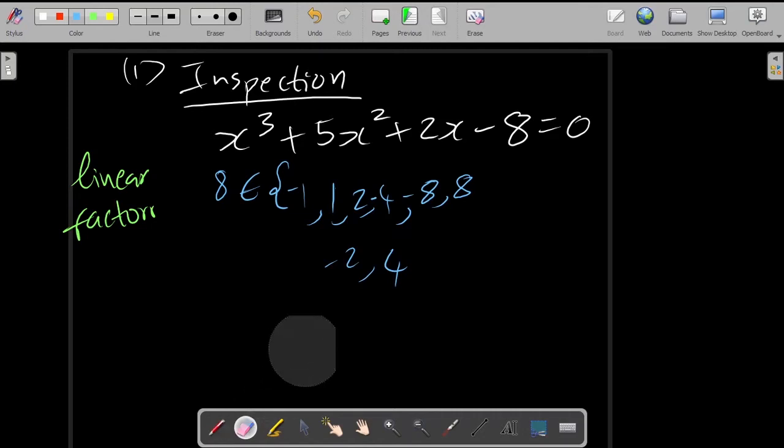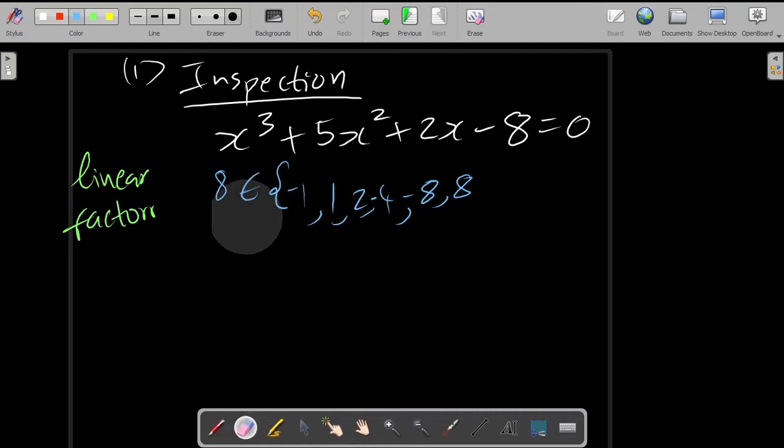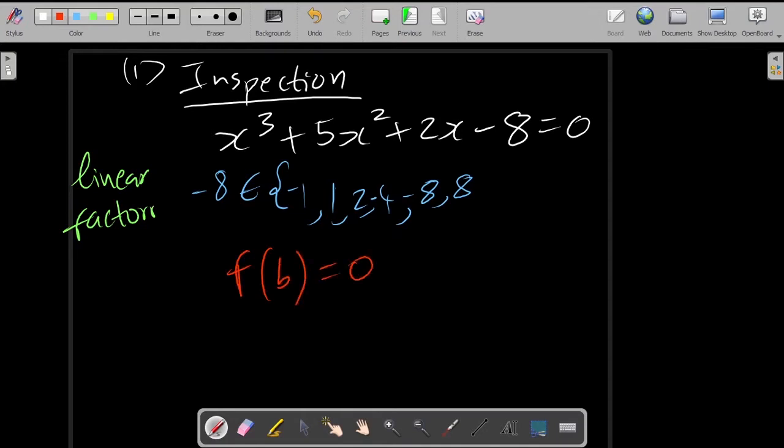So basically you consider all of the factors of this -8. Out of all these factors, you're basically going to use the factor theorem, which says that if you put a value, we can call it b or whatever, and it gives you a remainder of 0.